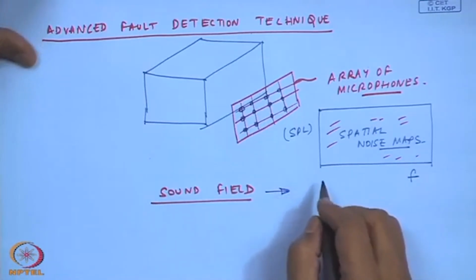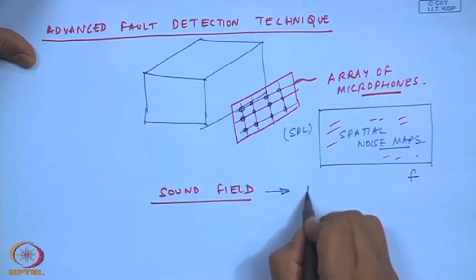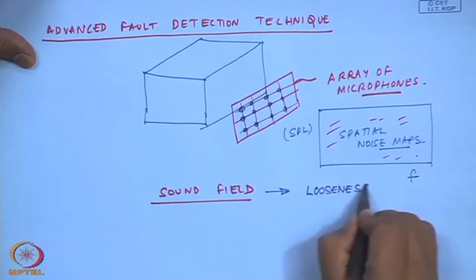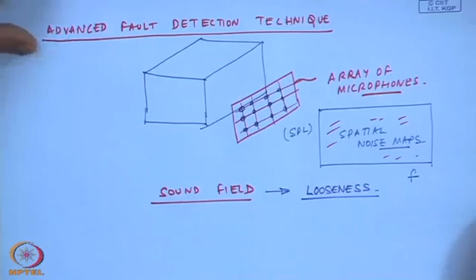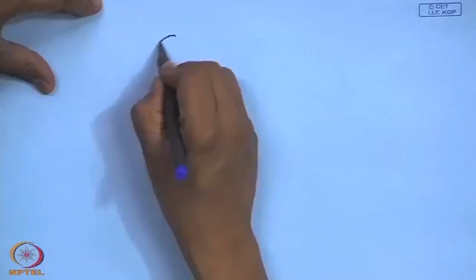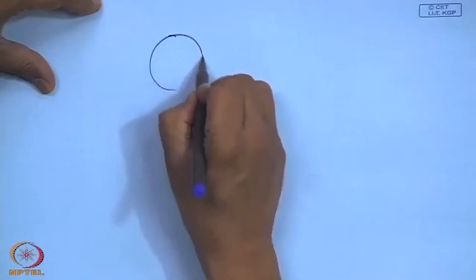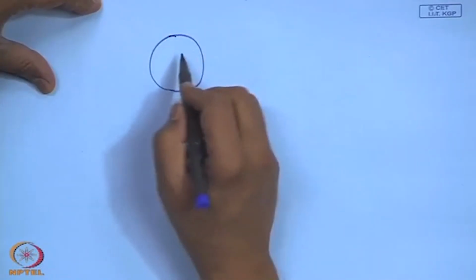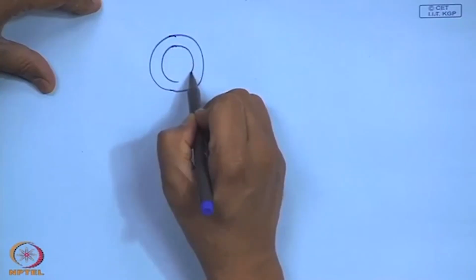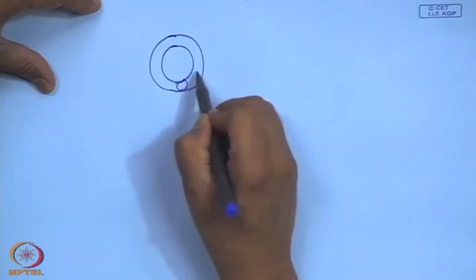And we can then detect looseness in a system, but sometimes we purposefully have things made loose. For example, a rolling element bearing.